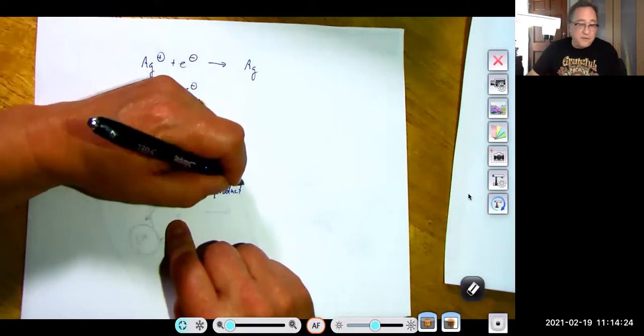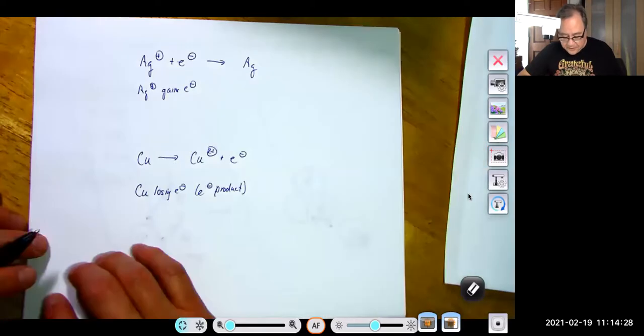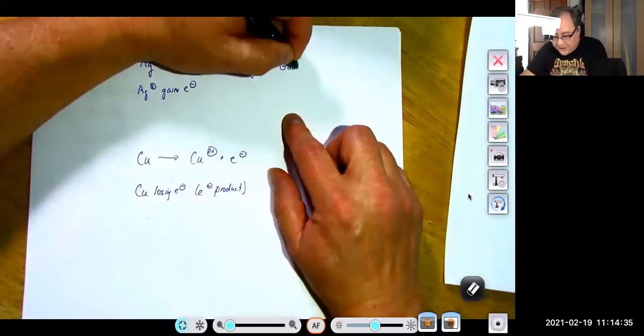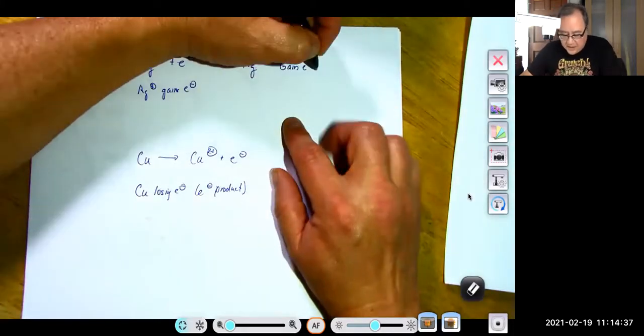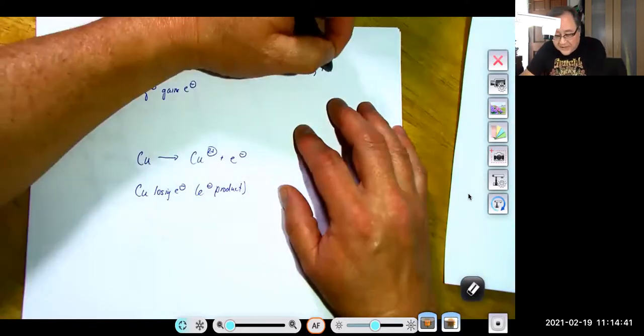So you want to remember the following terms to help you understand what's going on. If you gain electrons, what this means is that you're reduced, or we say that's a reduction.